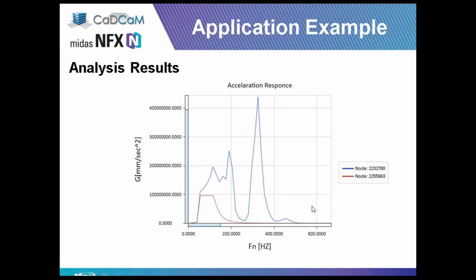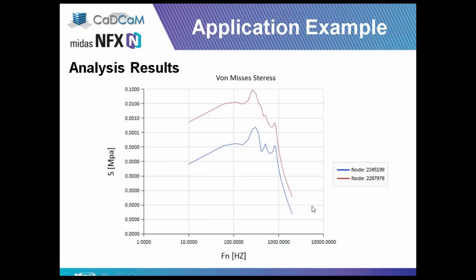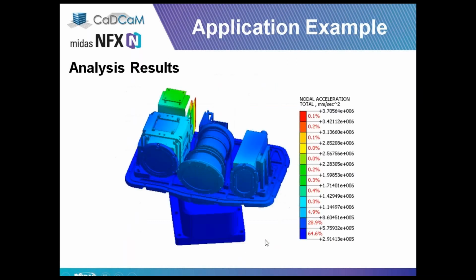Also, we can present the stress as a function of frequency. This is the minimal stress, in the node of the system that suffers the minimum stress, and this is the maximal stress as a function of frequency.